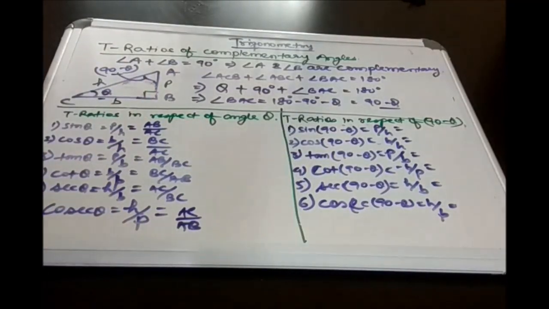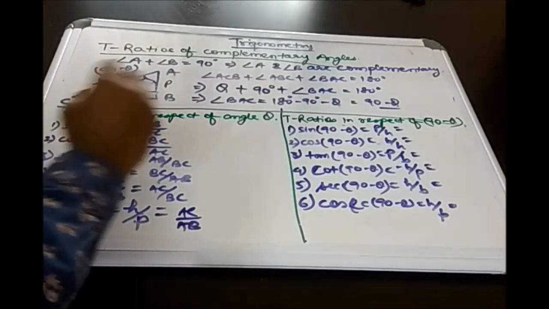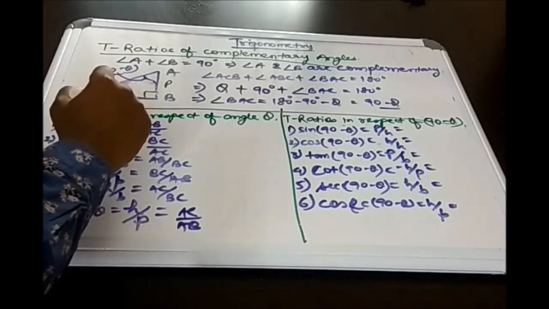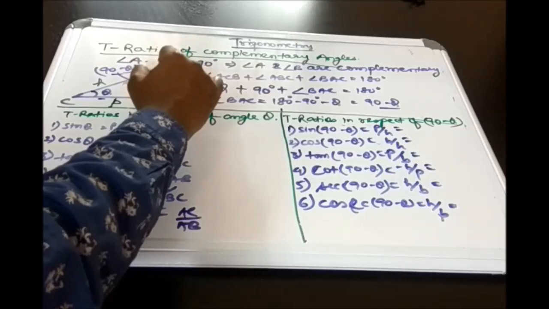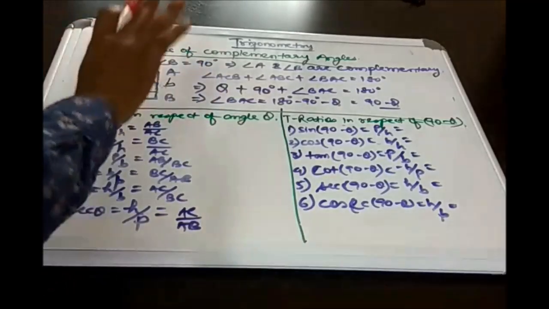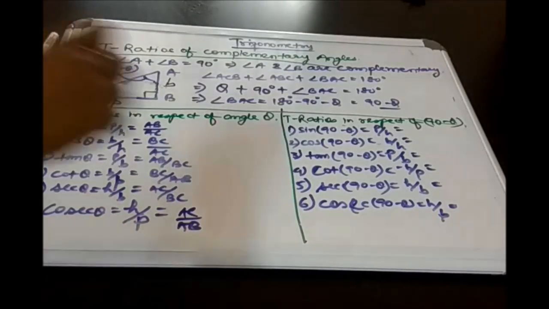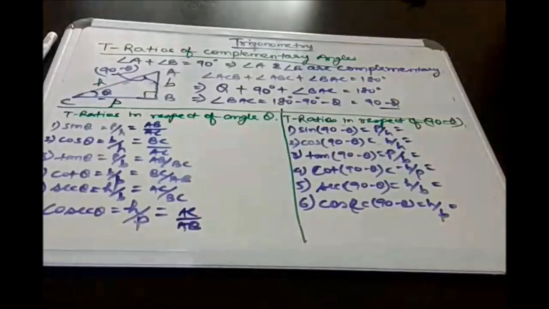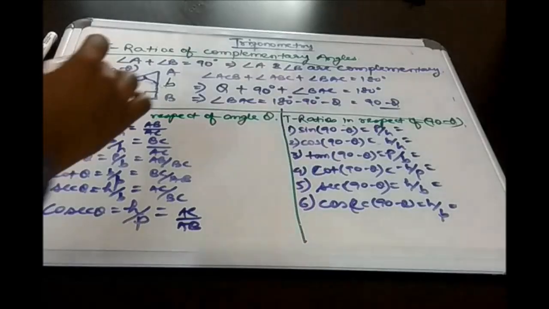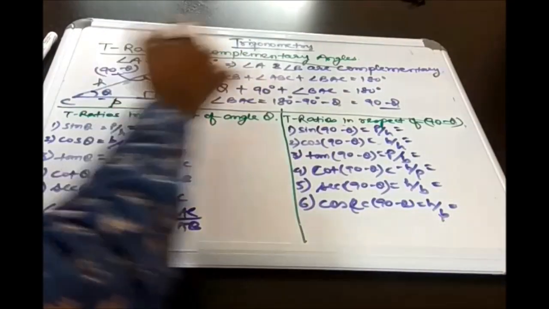So side BC will become perpendicular, side AB will become base, and hypotenuse will remain as it is. Now sine theta will always be p by h. So sine 90 minus theta is p by h.